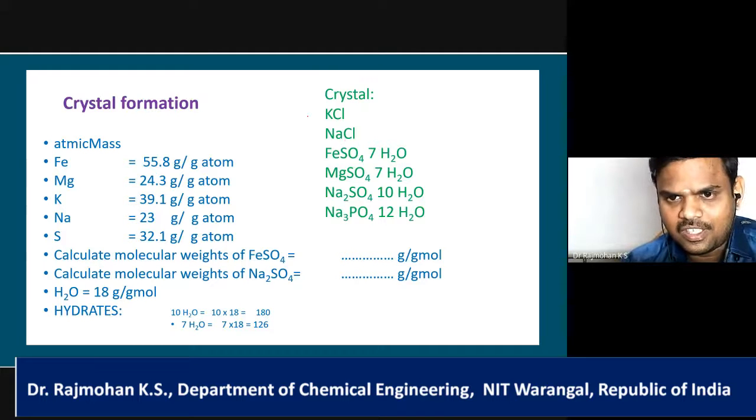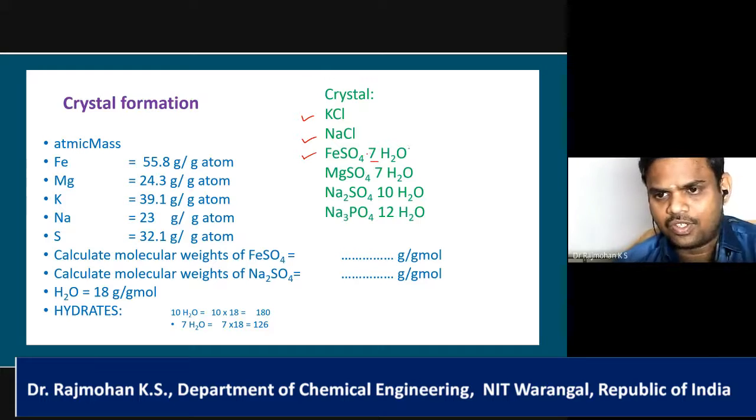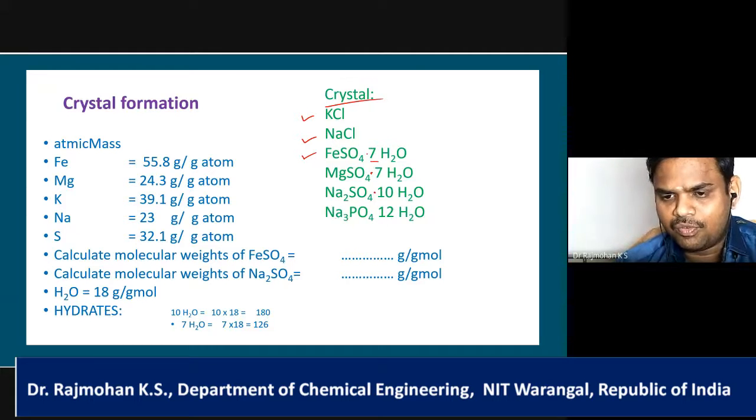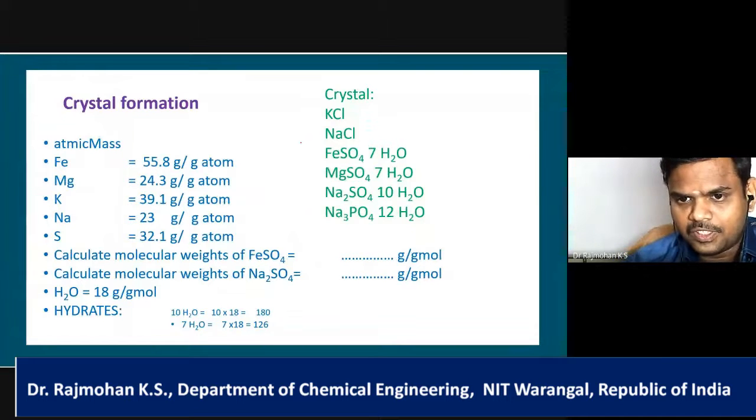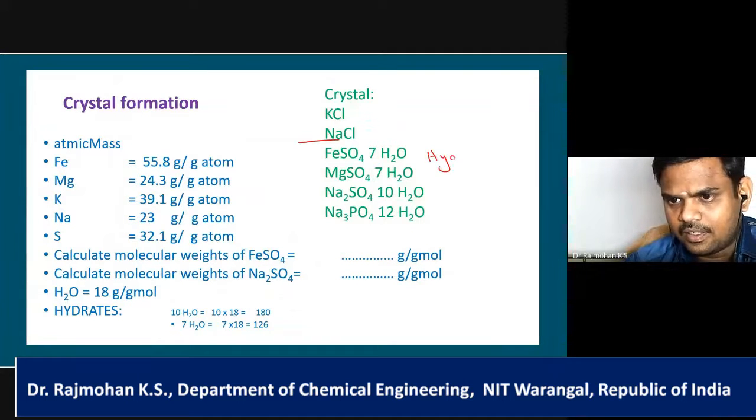For example, you can see here KCl, NaCl, FeSO4·7H2O. So it refers to there being 7 water molecules present in each FeSO4 crystal. So these are all some of the crystals formed. Magnesium sulfate 7H2O, sodium sulfate 10H2O, Na3PO4, sodium phosphate 12H2O. So these are examples of hydrated crystals.